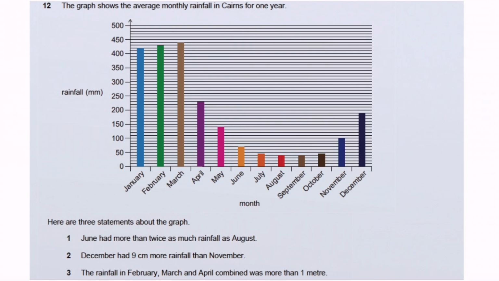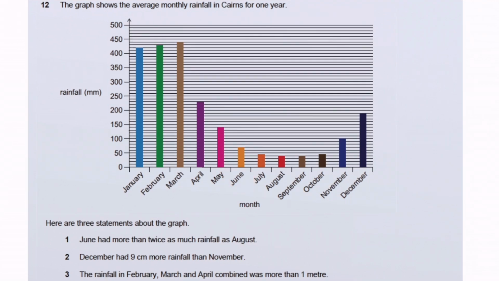June had more than twice as much rainfall as August. So firstly, when we look at the graph, we know that each line is going up by increments of 10 millimeters. So if we look at the rainfall for June here, when we line it up, we know that June had a rainfall of 70 millimeters.